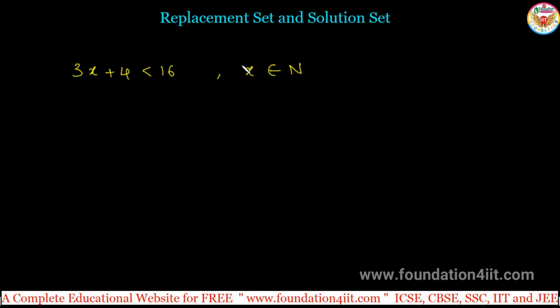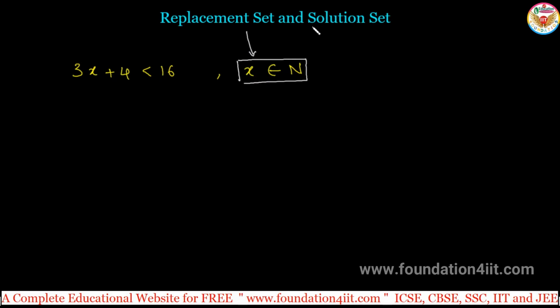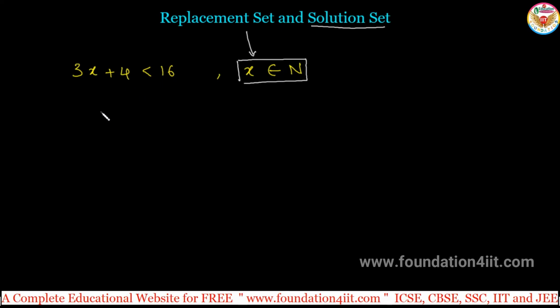See this problem. Now x belongs to natural numbers, so this is the replacement set. The solution set is a subset of these natural numbers which satisfies this inequation. 3x plus 4 is less than 16.